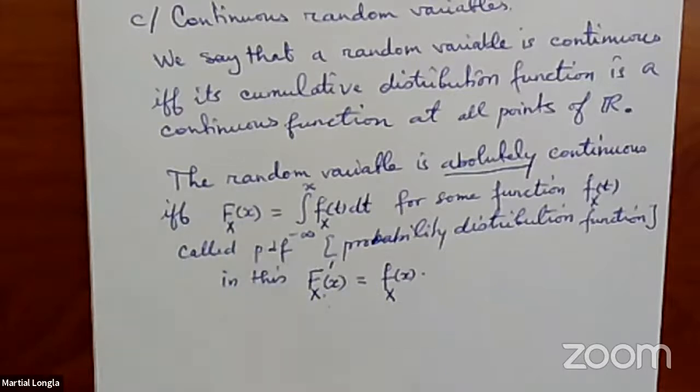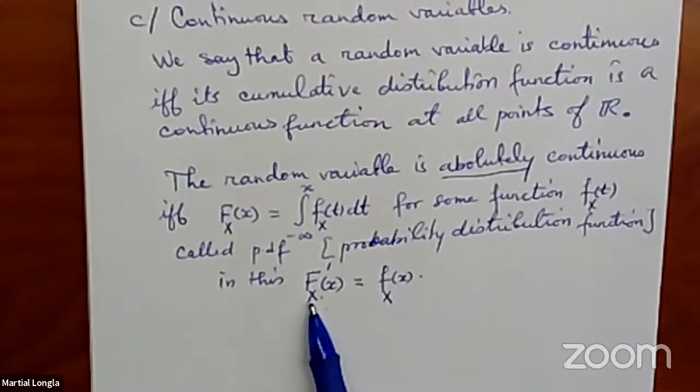If it's not absolutely continuous, then this derivative might not even exist at some point. For instance, when this function is not continuous, the notion of derivative makes no sense, right?